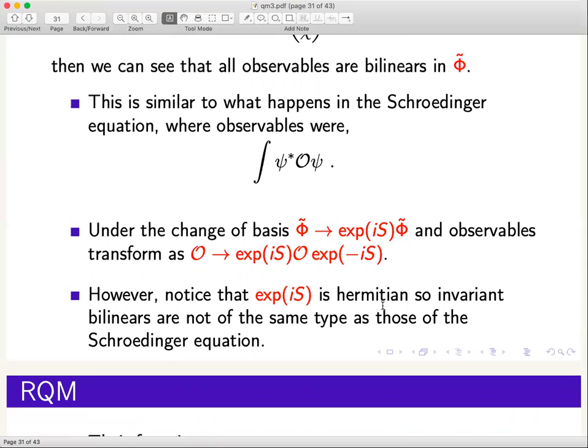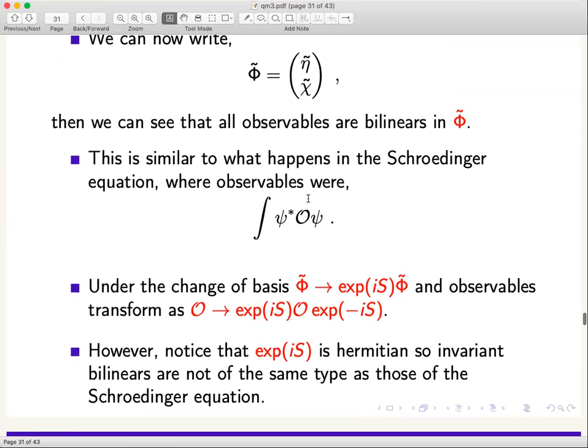Therefore, the invariant bilinears are not of the same type that we had written down for the Schrodinger case. In the Schrodinger case, psi star would have given e to the minus i s, and then it would cancel the piece from the transformation of O, and therefore this quantity is invariant under a similarity transformation of this kind.